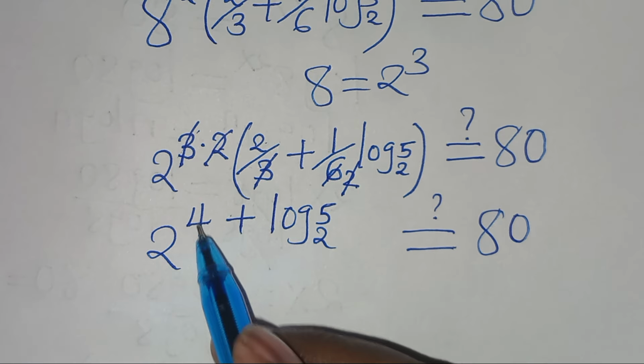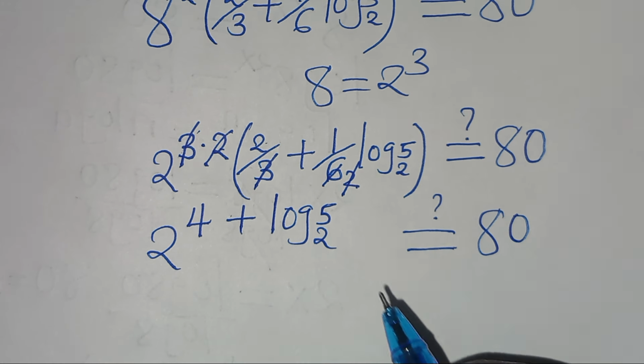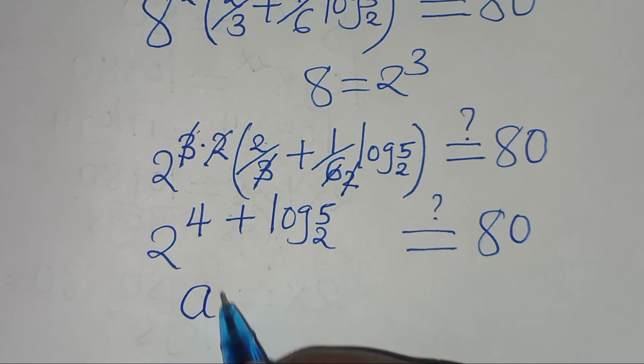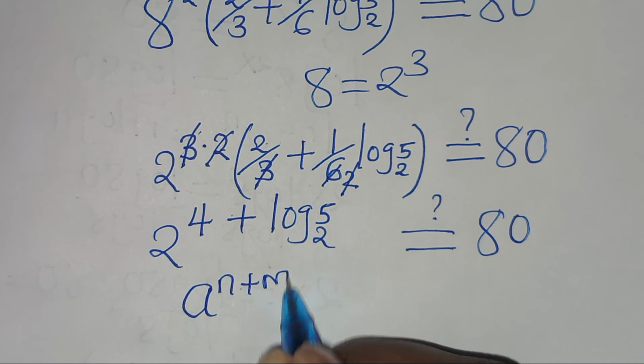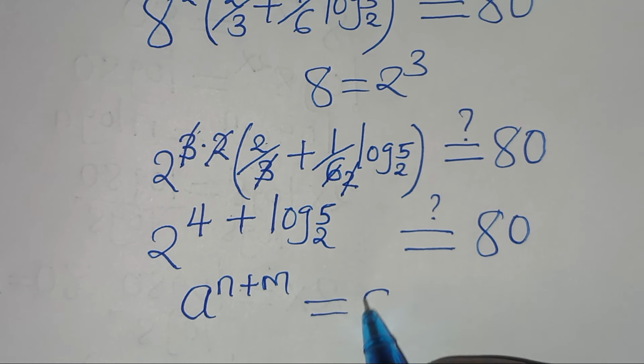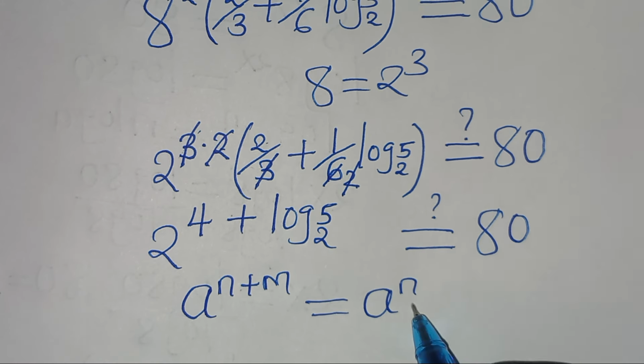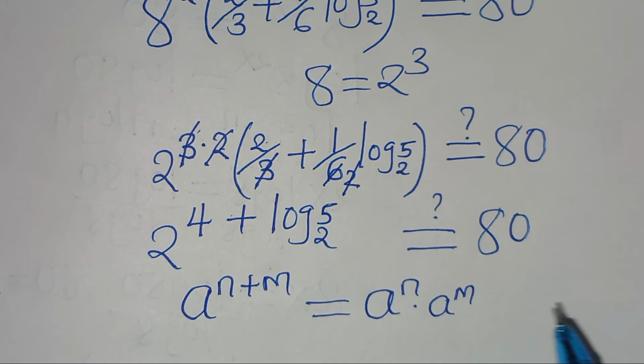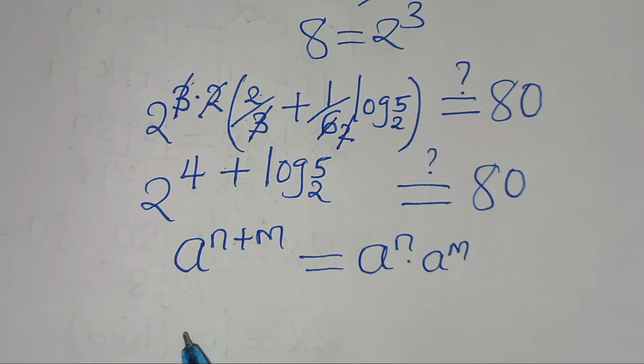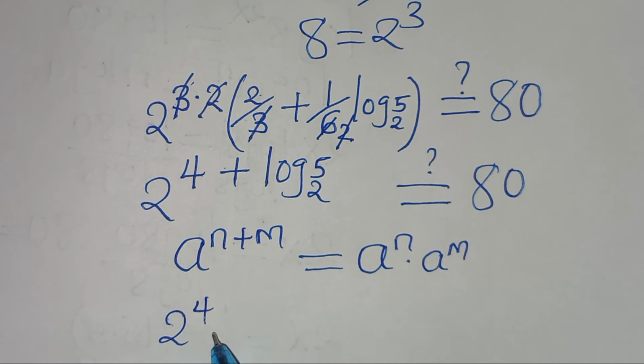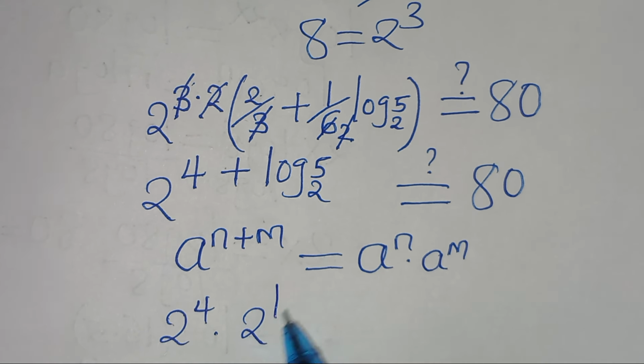Now, 2 to the power of 4 plus log 5 to base 2. This is in the form of a to the power of n plus m, which we can express as a to the power of n times a to the power of m. So here we have 2 to the power of 4 times 2 to the power of log 5 to base 2.